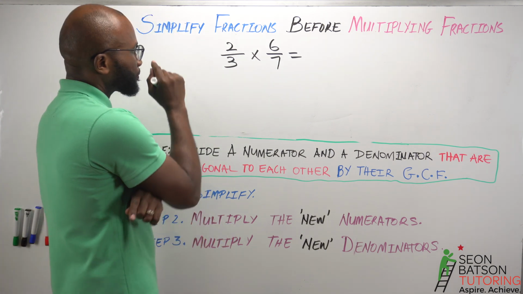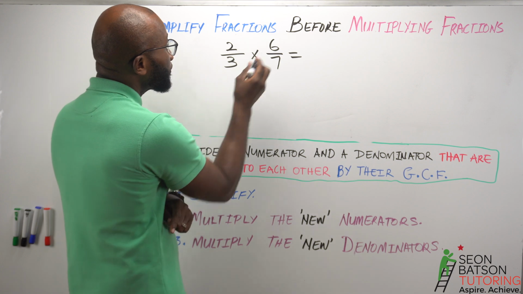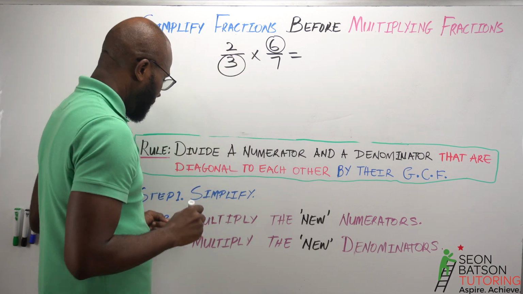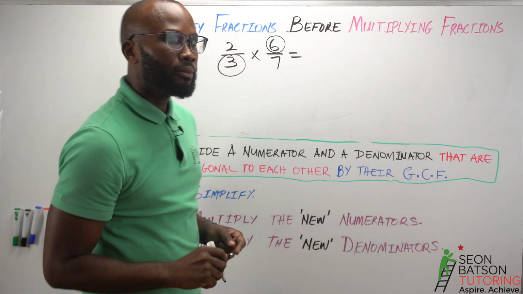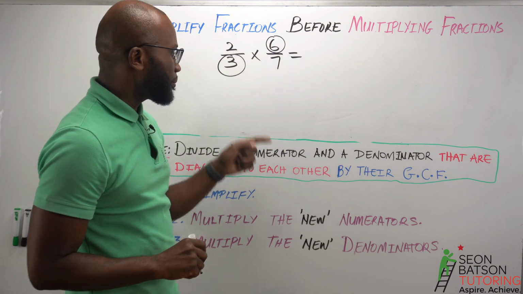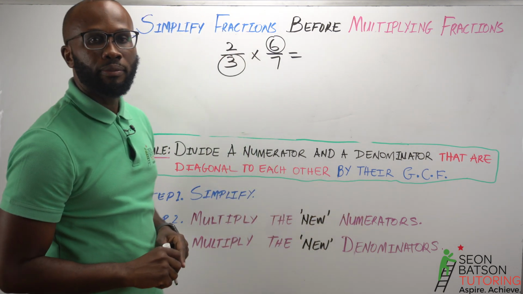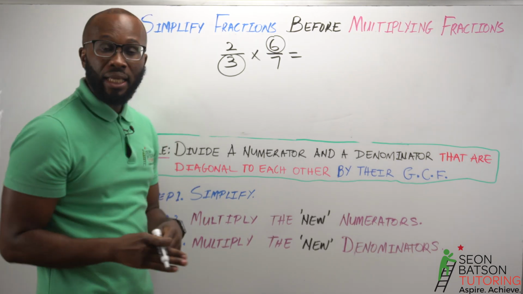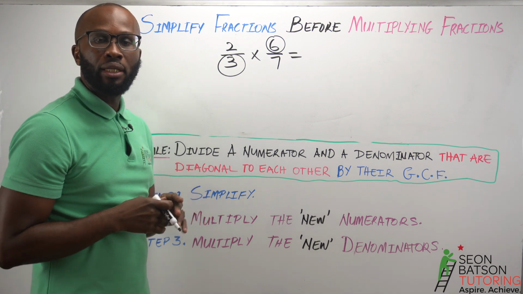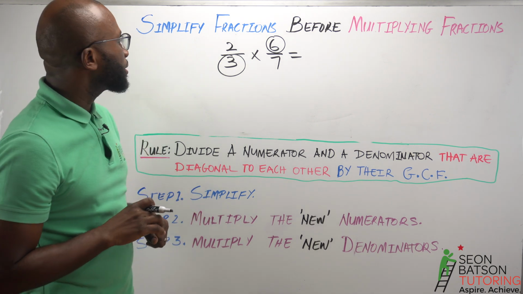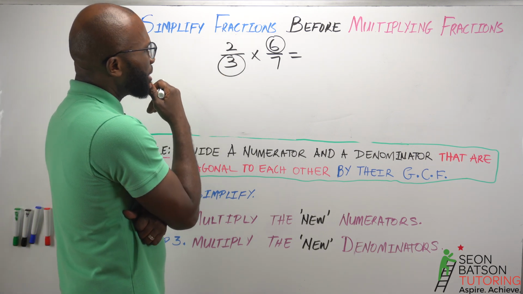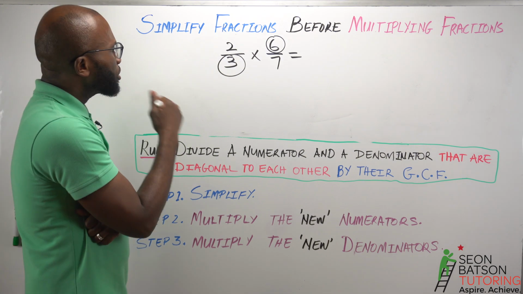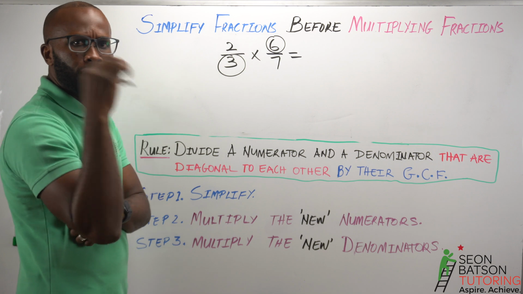To simplify, we can choose a numerator and a denominator that are diagonal to each other, and we will divide them by their greatest common factor. The greatest common factor for 3 and 6 is the biggest number that can go evenly into 3 and 6, which is 3.